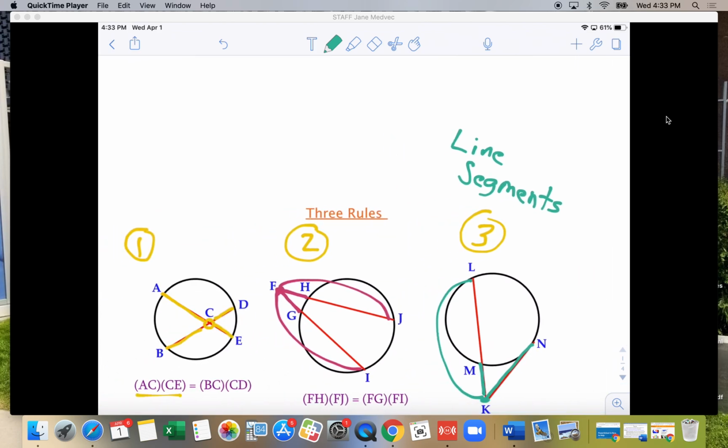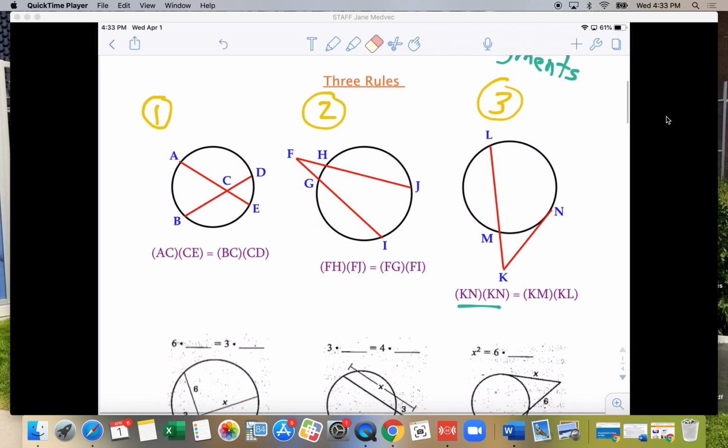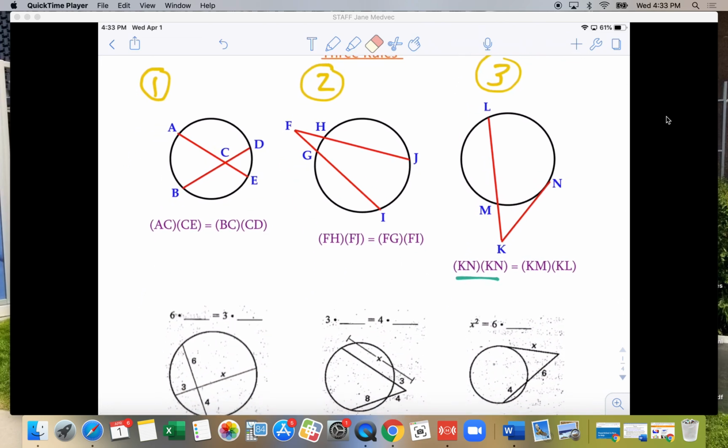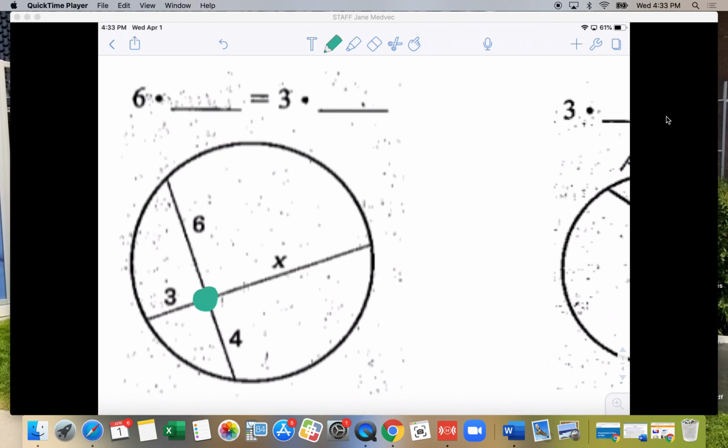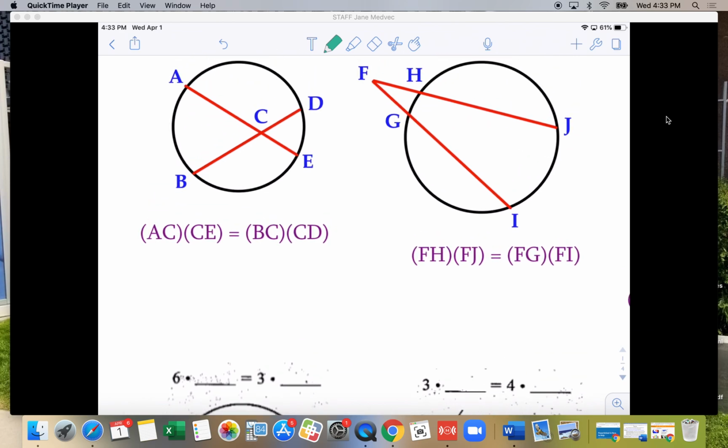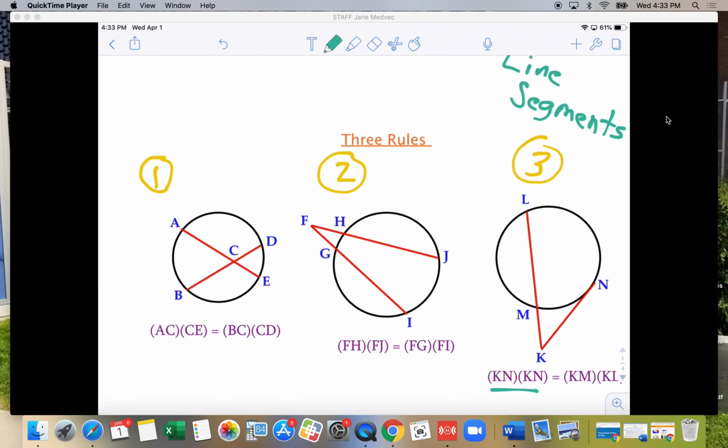So let's go on. I'm going to erase some of these markings. Again, I've got 1, 2, and 3, and we'll look at that when we solve these problems. So let's look at the first one. Notice that the intersection of the two lines is inside the circle. Because it's inside, am I going to use 1, 2, or 3?